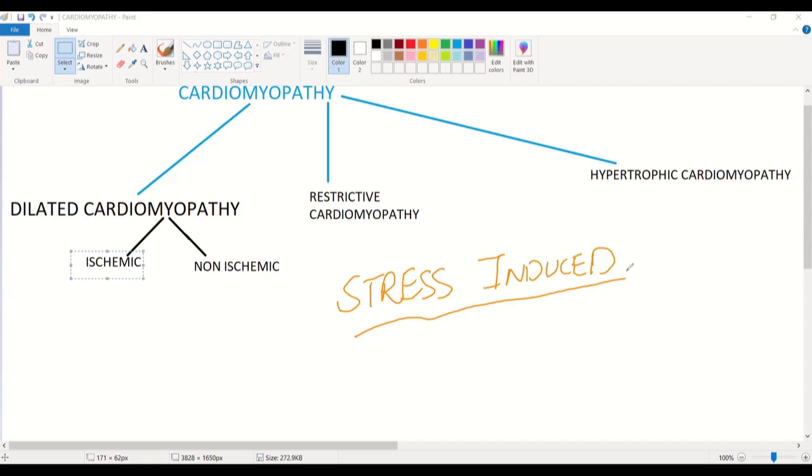The mechanism is still not known. So stress-induced cardiomyopathy leads to dilated cardiomyopathy due to catecholamines.